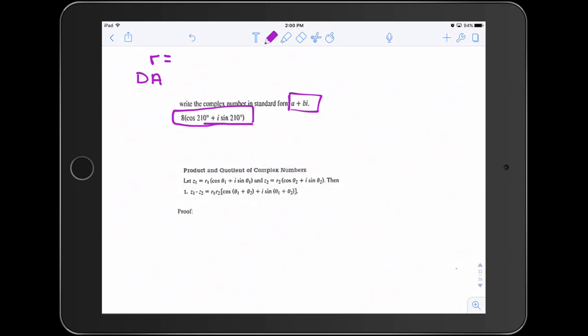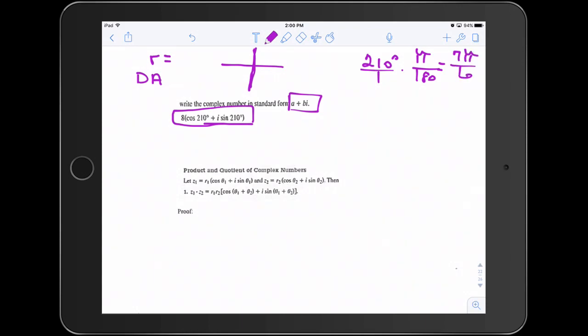Notice that we're in degrees, and I find radians to be easier in these problems. So I'm going to take 210 over 1 times pi over 180 degrees, and when I simplify this, it ends up giving me 7 pi over 6.